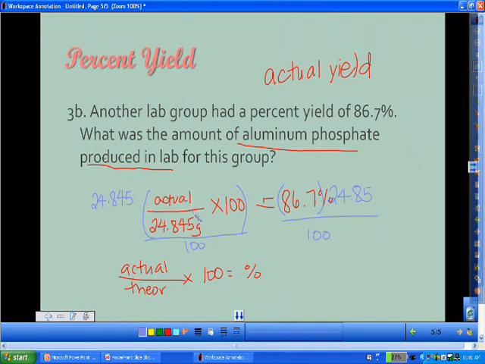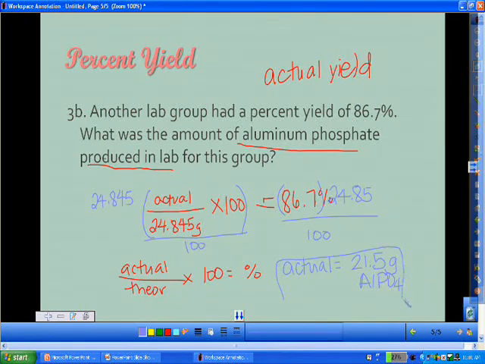So now that I've solved for actual yield, I will get that my actual yield is equal to 86.7 multiplied by 24.845 divided by 100, and this is 21.5 grams of aluminum phosphate. That is our actual yield.